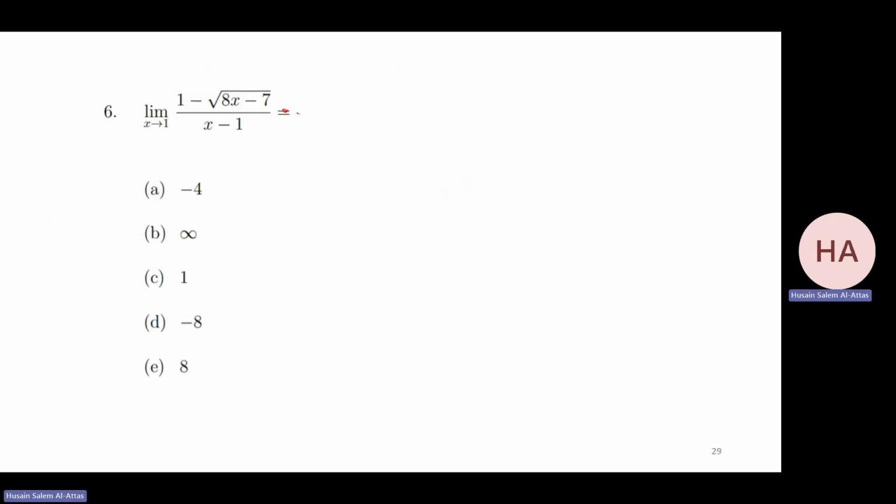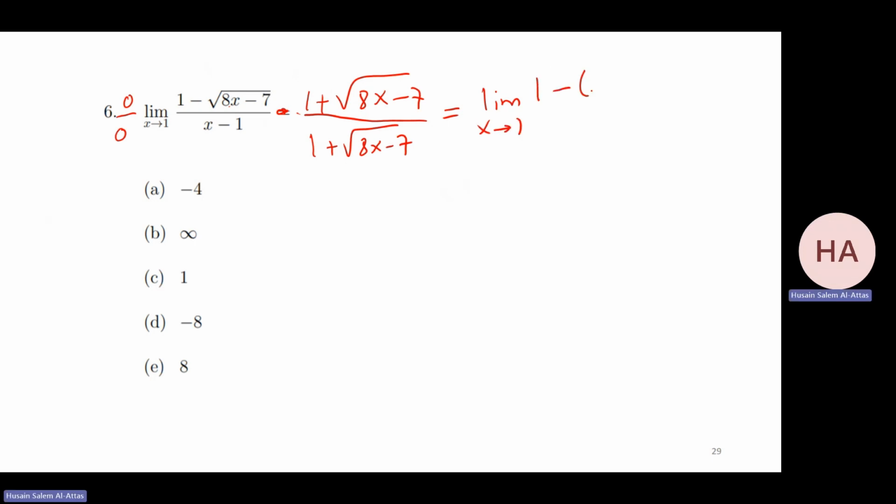Another problem, same idea. If we substitute 8 minus 7, which is 1, so 1 minus 1, 0 over 0. Rationalize. What will you get? You get 1 minus, make it minus as a bracket, so we will not miss it. x minus 1, 1 plus square root of 8x minus 7.